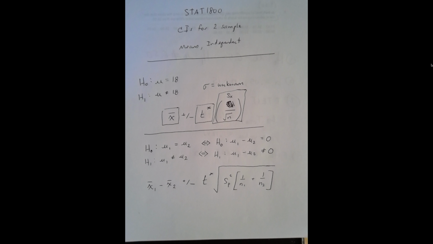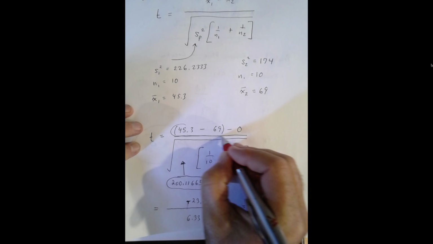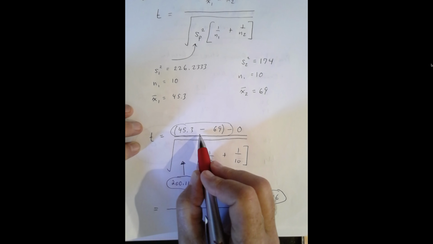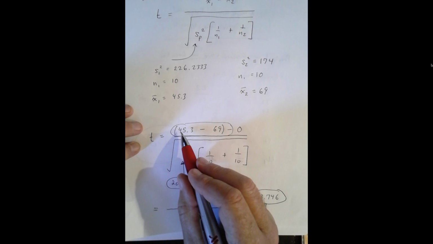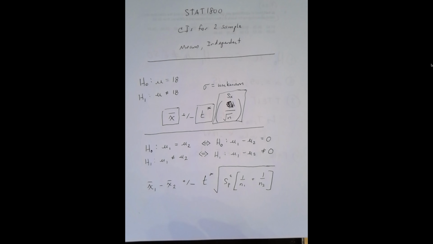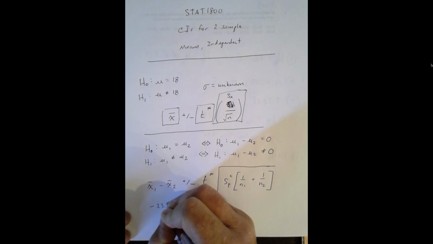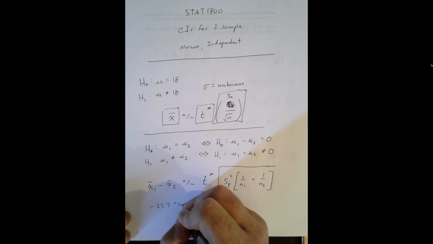Now, I kept some calculations. We know that this part, x bar 1 minus x bar 2, is negative 23.7. That has to go right there.